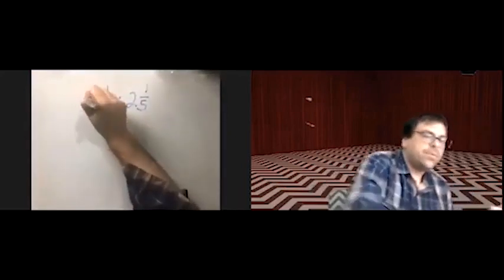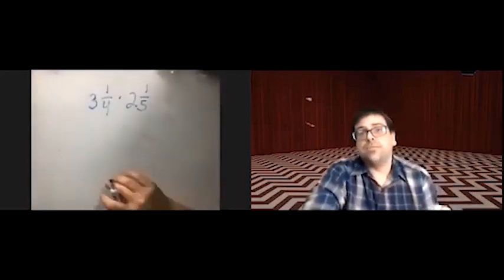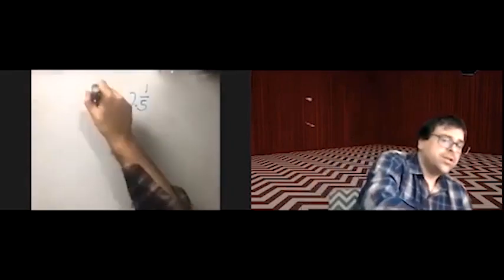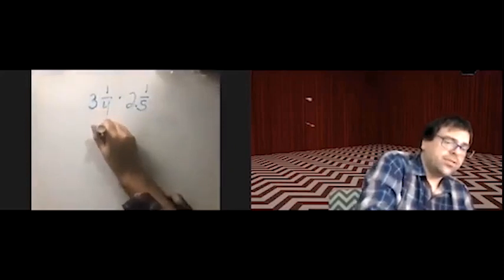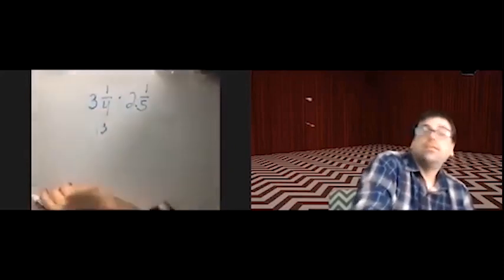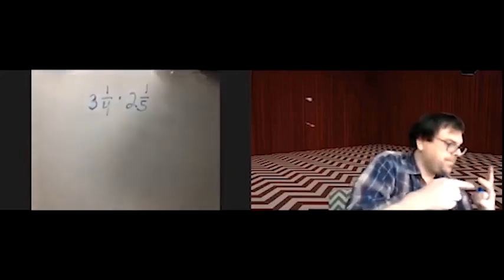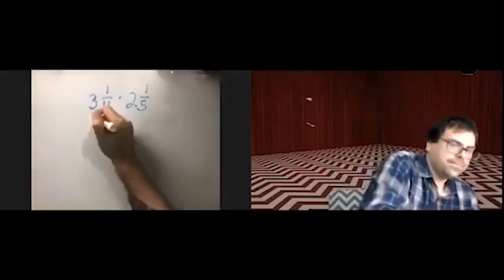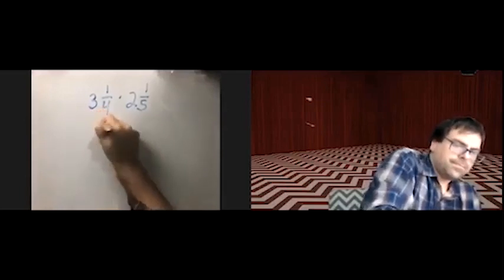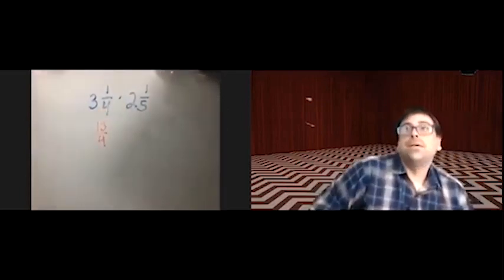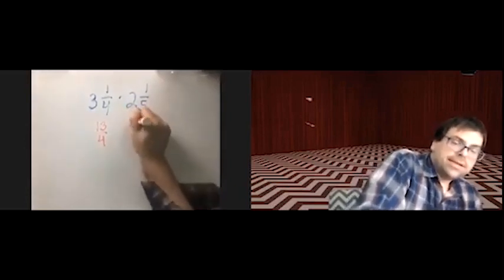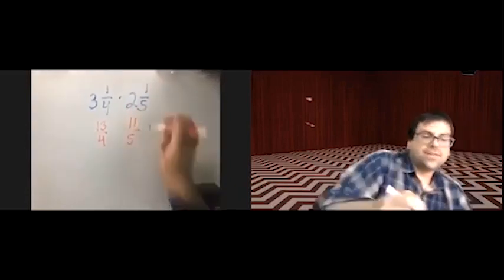And remember, when we're multiplying and there's a mixed number involved, we have to change it to an improper fraction. 12 plus 1 makes 13 fourths. 10 and 1 makes 11 fifths.